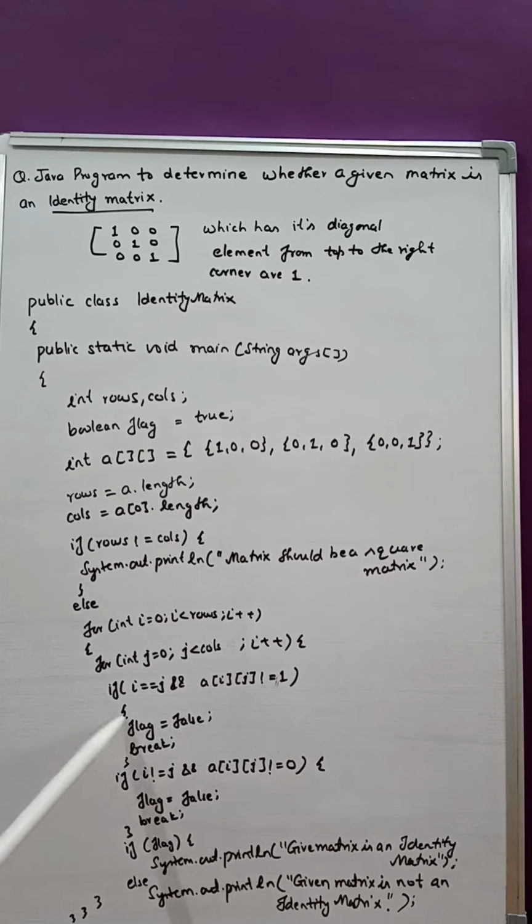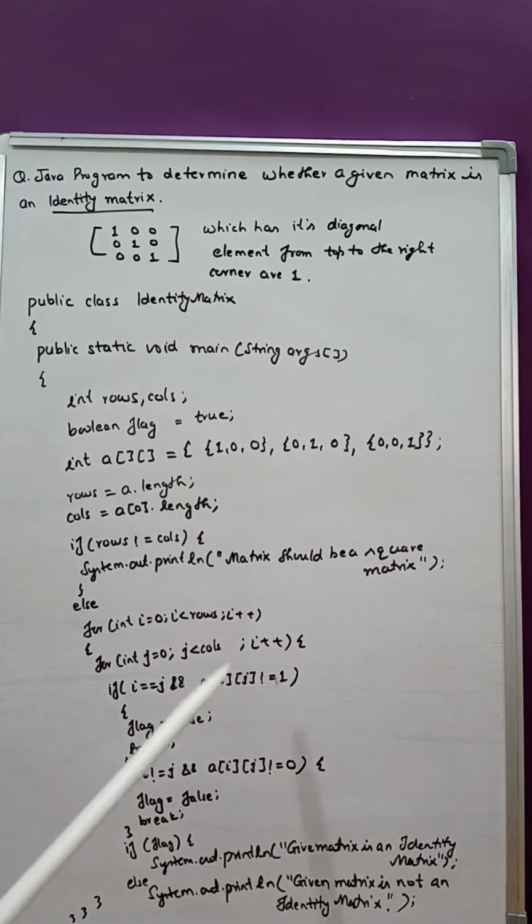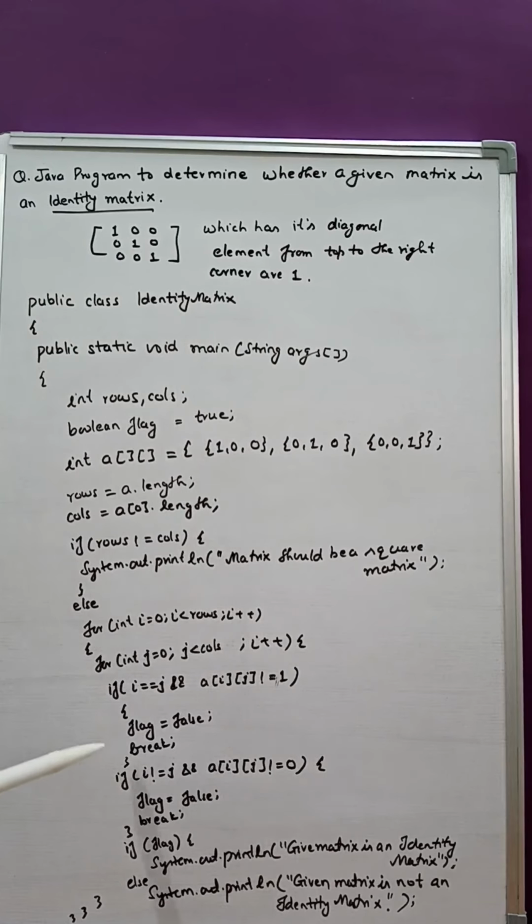That means that matrix, having one of the diagonal elements not equal to 1, will not be an identity matrix. So that's why we have stored false in the flag, and then we break out of the if condition, and finally the next condition will be checked.